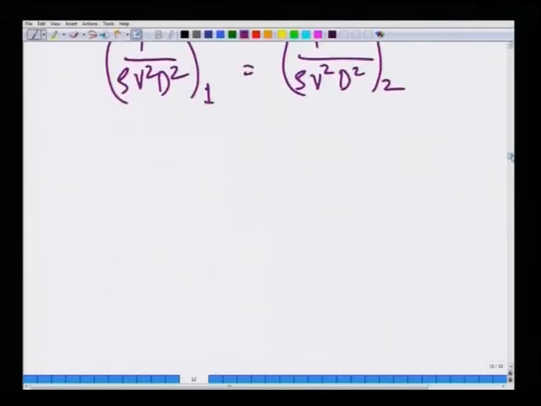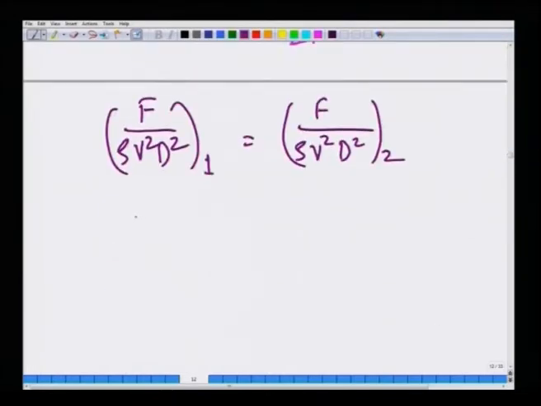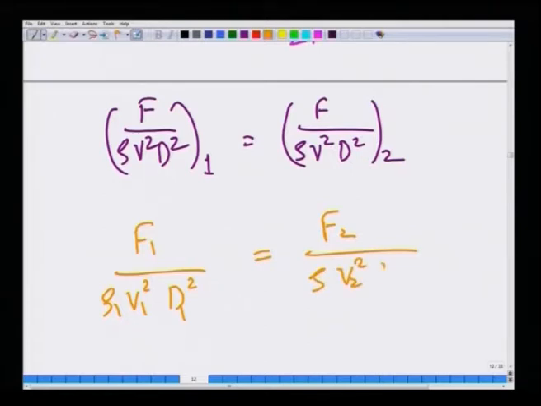So, what is the advantage? The advantage is that this means that f1 by rho1 v1 squared d1 squared is f2 by rho2 v2 squared d2 squared.